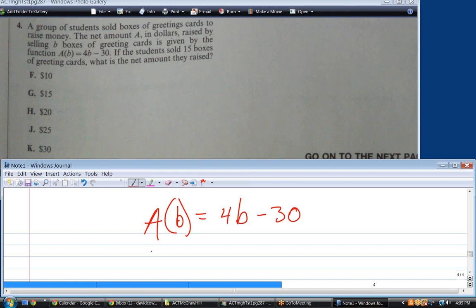A of B is the amount of money you're going to earn by selling B boxes of greeting cards. So, okay, if I sold 15 boxes, what am I going to do? Are you going to write A parenthesis 15 equals 4 parenthesis 15 minus 30? Good.